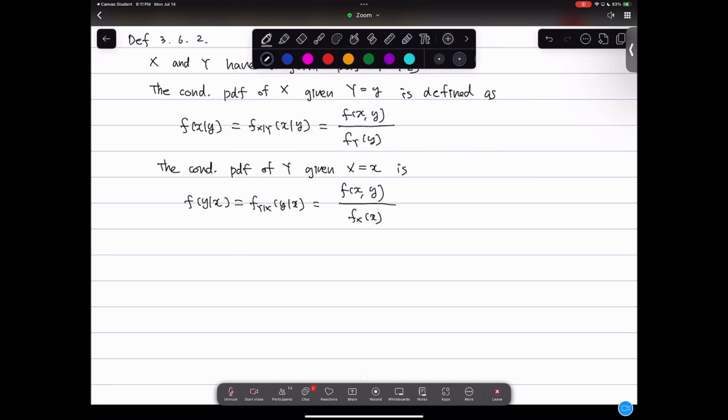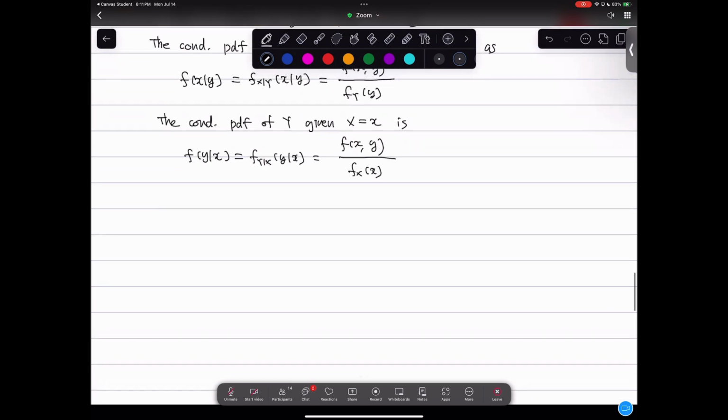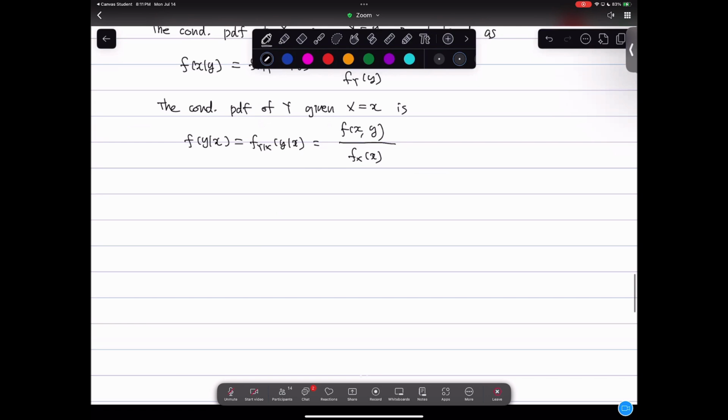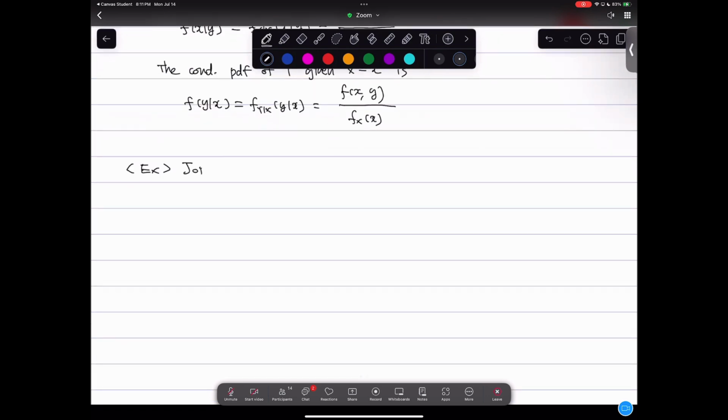So let me give one example, then I'll be done for today. So I have a joint PDF of x and y. Sorry, can you scroll up a little bit? There.